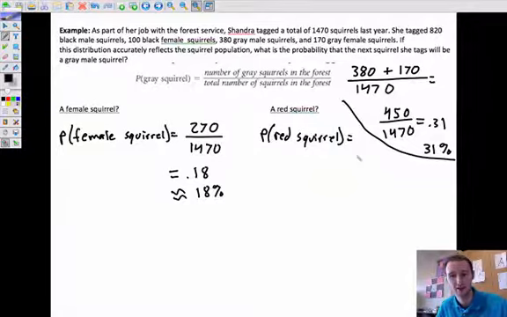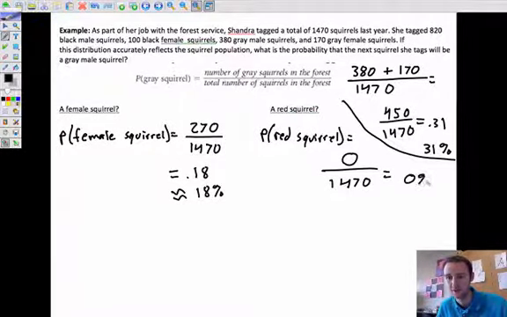So there are exactly 0 red squirrels in a forest of 1,470 squirrels. Okay, so that's pretty easy to calculate. There's a 0% chance that the next squirrel she tags would be a red squirrel. Okay, so like we said, a probability is always between 0, which is impossible, and 1, which is certain.